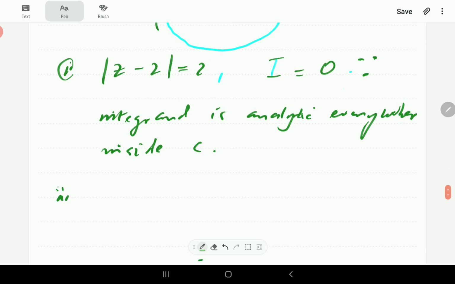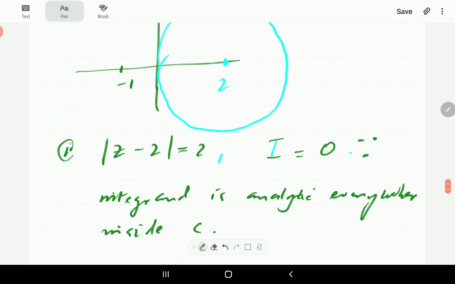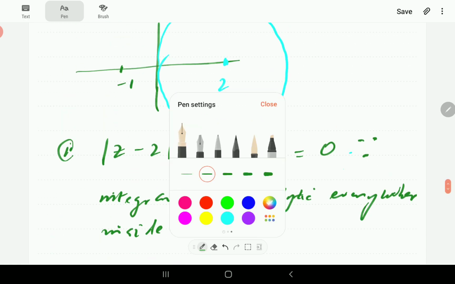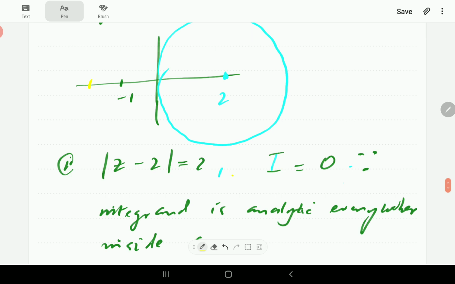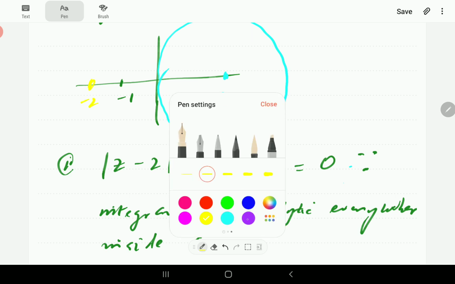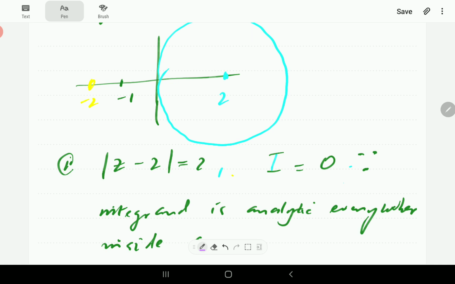Then in the second instance, we have mod z plus 2 equals 2. So this time we've got a circle centered at negative 2, somewhere there, and the radius of this circle is 2.